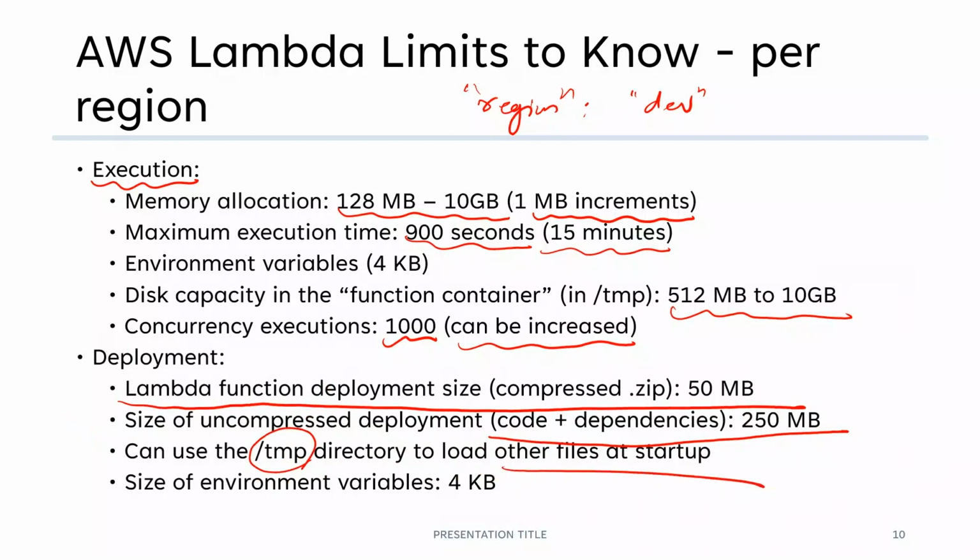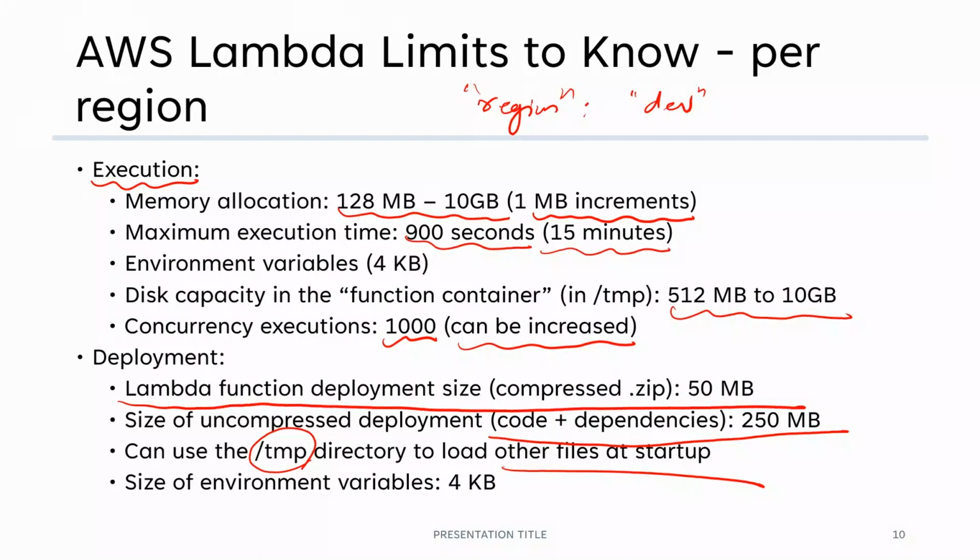And this is a very good question that can come in the exam. How will you reduce the startup time of your Lambda function? Say your Lambda function is 200 MB and contains code plus dependencies. Whenever a Lambda function is starting, it has to download all those dependencies, and that takes some time. How will you reduce that?